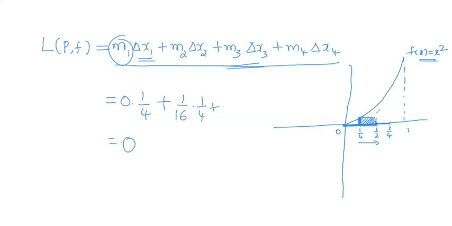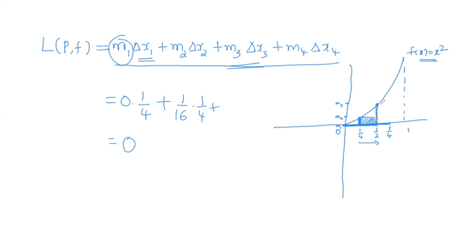Corresponding to that 1 by 2, the least value will be this one. So this will be m3. So this is m2, this is m3, and this will be m1. And into delta x3 is there, that is, length into breadth once again.